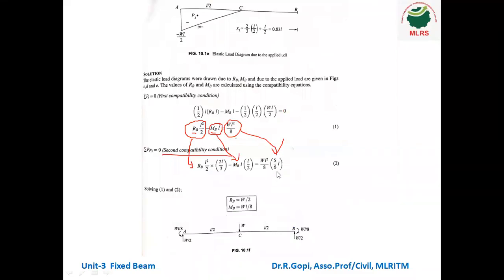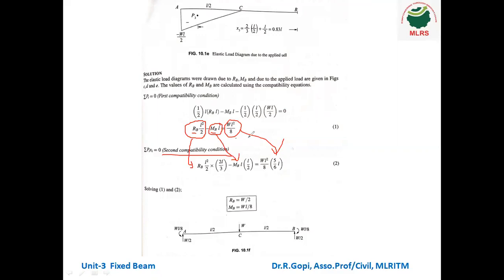Okay. So please remember, in propped cantilever, we used only one equation. That means A into X bar, area of the bending moment diagram into X bar. But in case of fixed beam, since we have to calculate two unknowns, we have to use area, only area, and first compatibility condition, area divided by EI equal to 0, and second compatibility condition, A X bar divided by EI equal to 0.